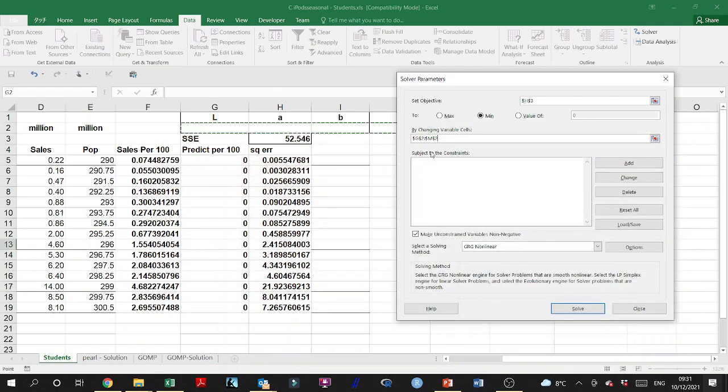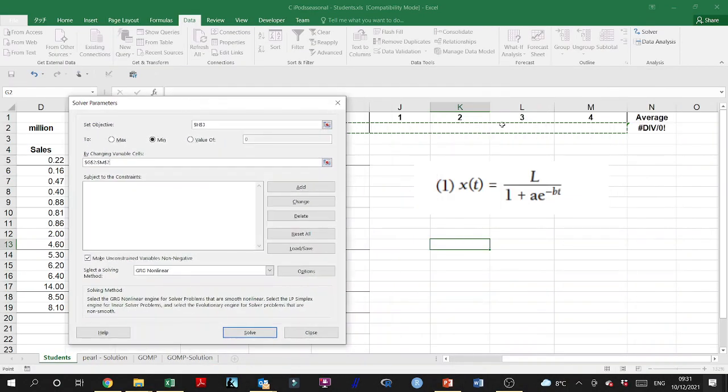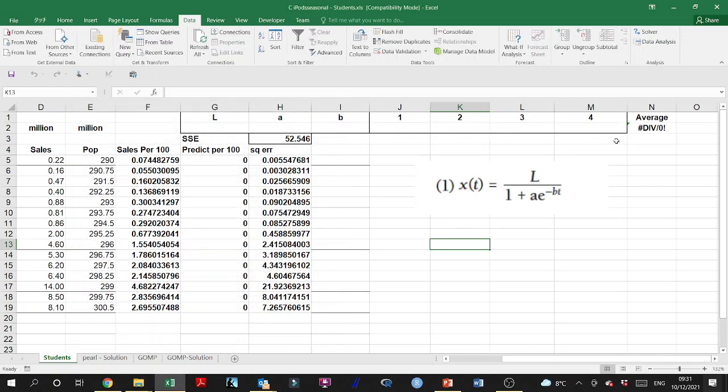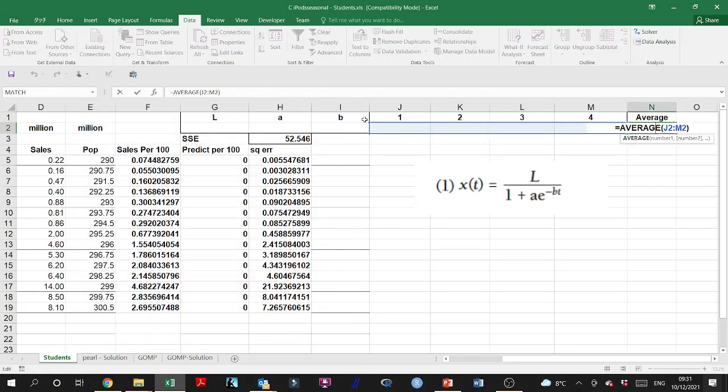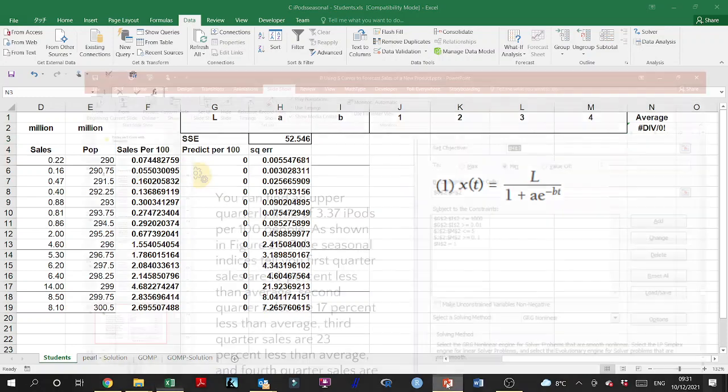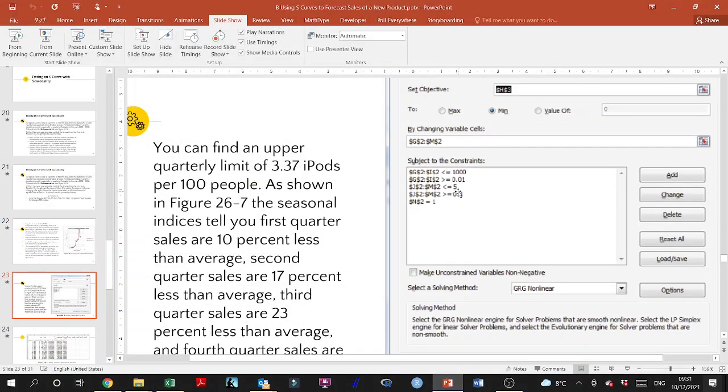So you need to add this N. Let me show you what I've done with this. This N is supposed to be the average of all this, which is supposed to be 1. And this is why I am not really worried about less than or equal. Instead of less than or equal to 5 here, please try less than or equal to 4, because we have 4 different cycles.